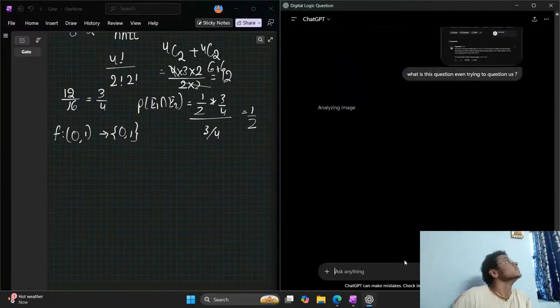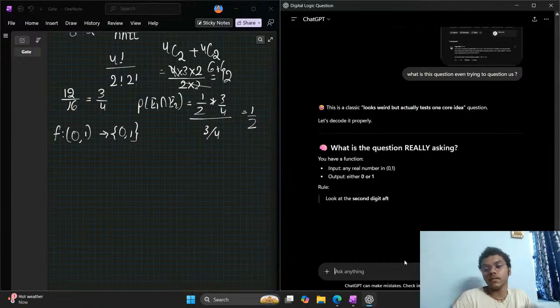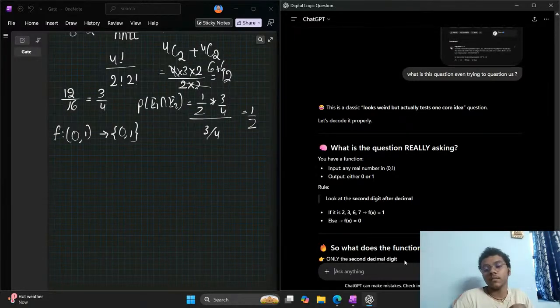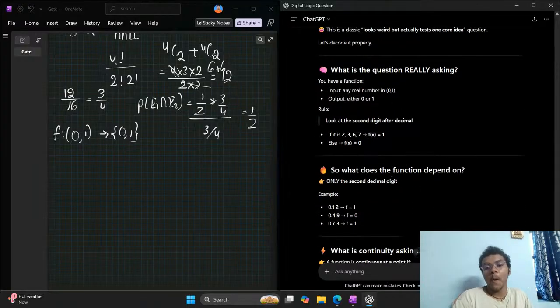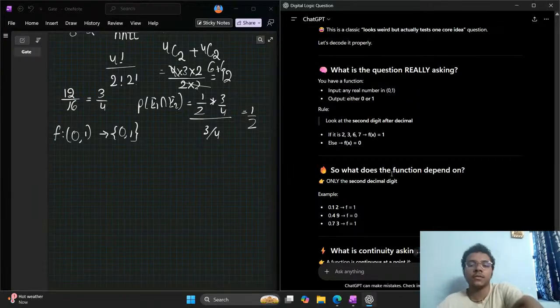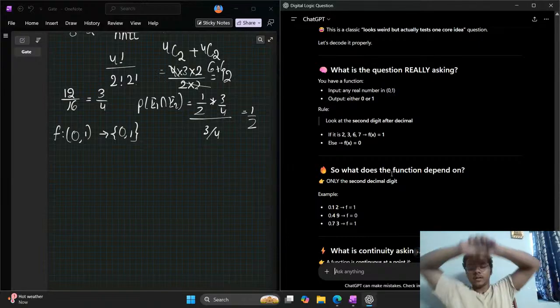Right, the function takes a real number in 0 to 1, and the output is either 0 or 1. Look at the second digit after the decimal.